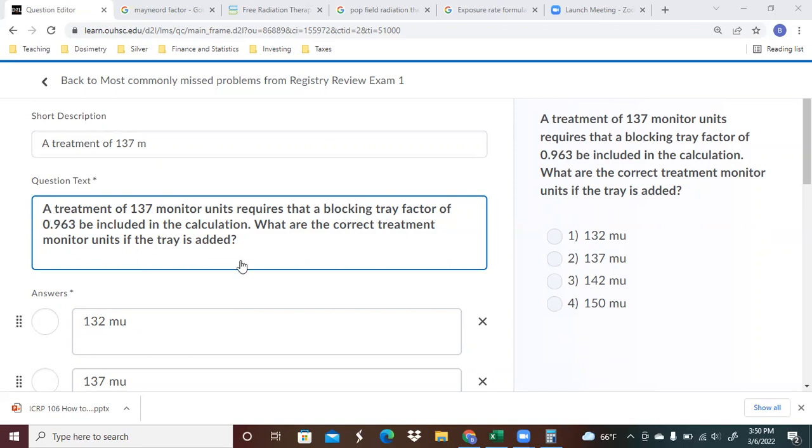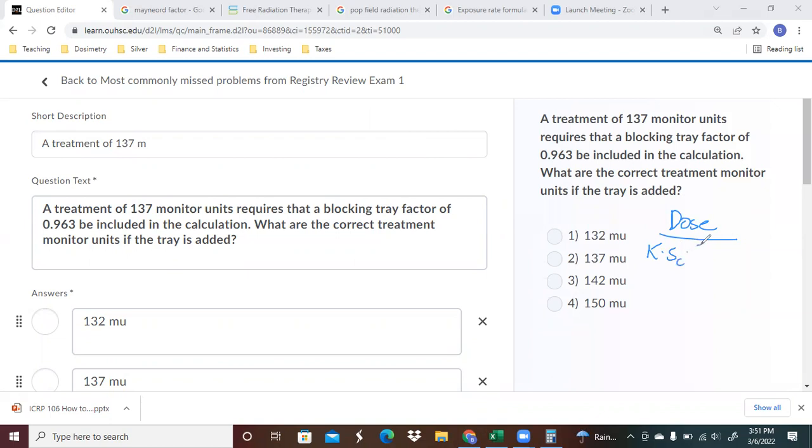So we've got a treatment of 137 monitor units, which requires that a blocking tray factor of 0.963 be included in the calculation. What are the correct treatment monitor units if the tray is added? This is also going to be part of the MU calculation where you have dose, and then you have the calibration factor times the collimator and phantom scatter factors.